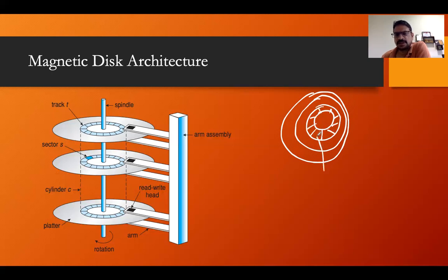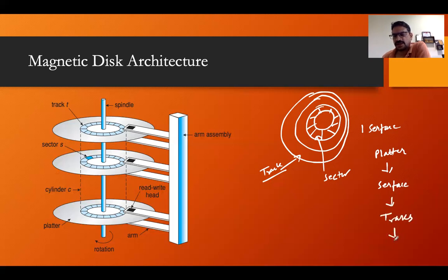This is the sector, this is the track, and this is one surface. One platter has two surfaces. One surface may have different tracks, and each track will have different sectors. So this is the hierarchy of the magnetic disk.